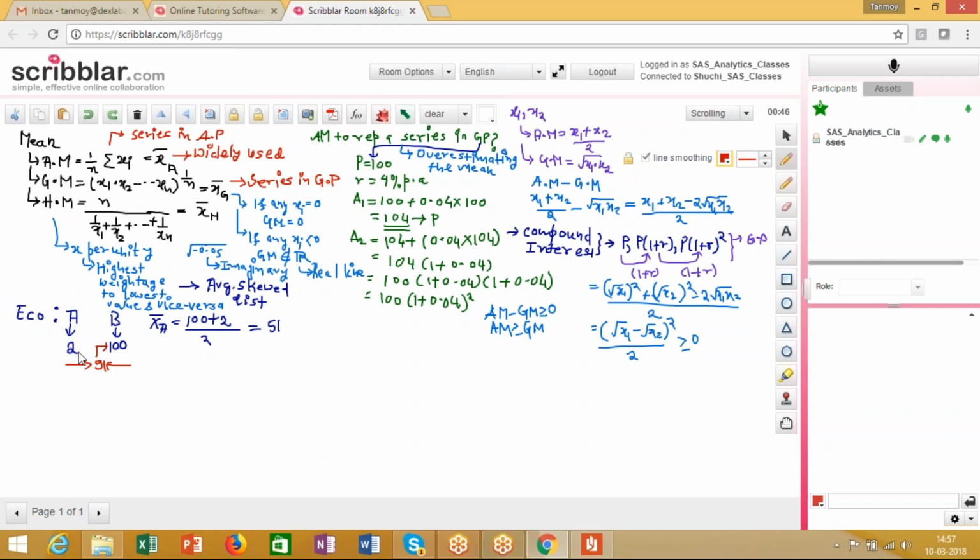Hence, the average value of 51 as a representative value is more biased. So x bar A is biased, right?